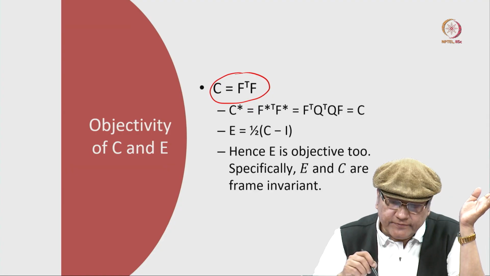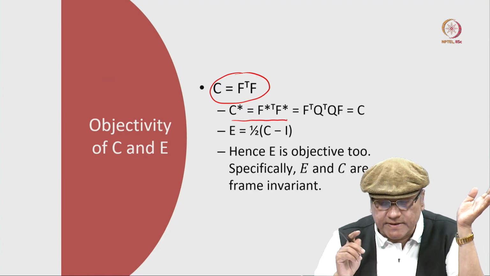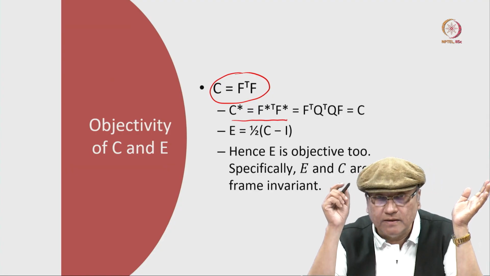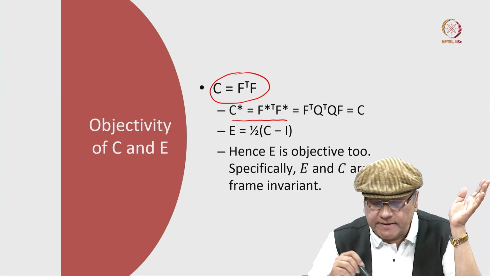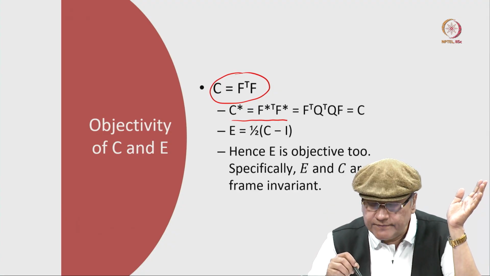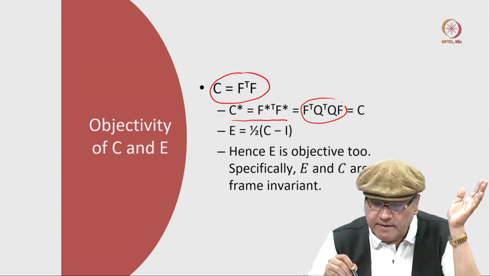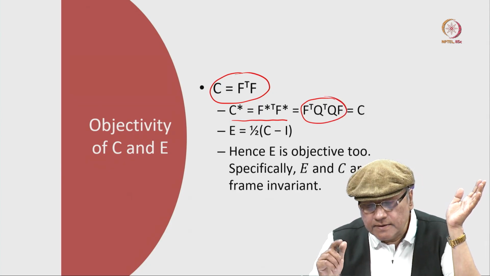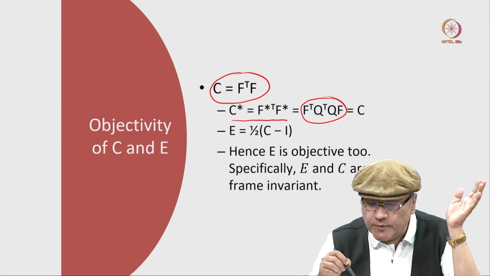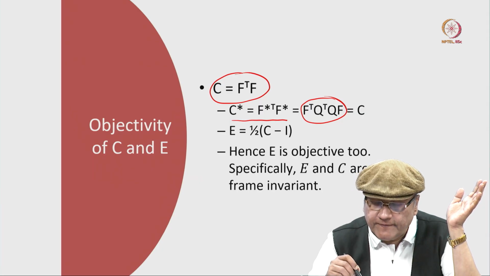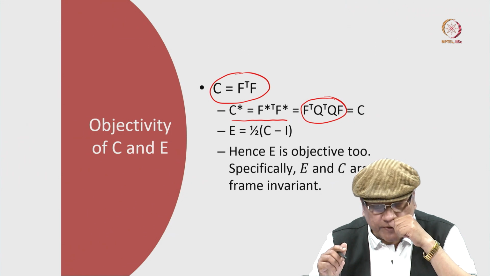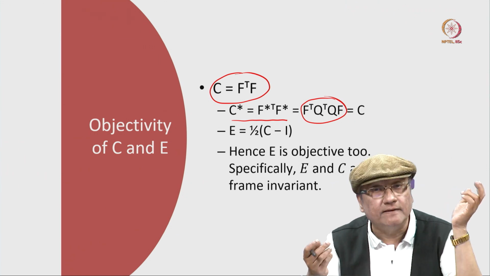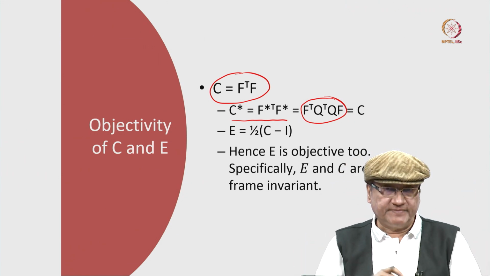This can also be seen from here, that C star by definition is F star transpose F star. Now use the fact that F star is QF, so we have this quantity here, replacing F star and F star transpose, and we use the fact that Q transpose Q is identity, so we basically get C itself. So C star is equal to C.